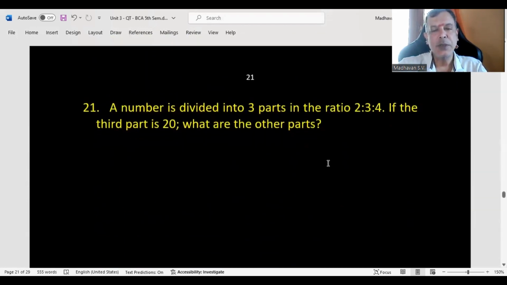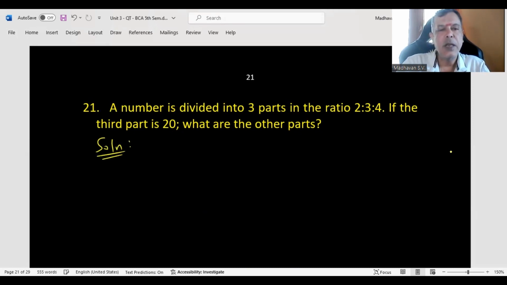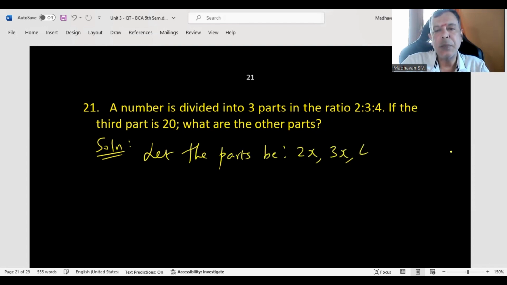21st question. It says a number is divided into 3 parts in the ratio 2:3:4. If the third part is 20, what are the other parts? Since the number is divided into 3 parts and those 3 parts are given in the form of a ratio, we can always say, let the parts be 2x, 3x, 4x respectively.